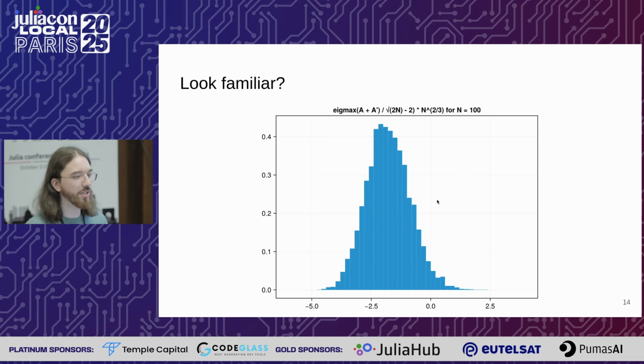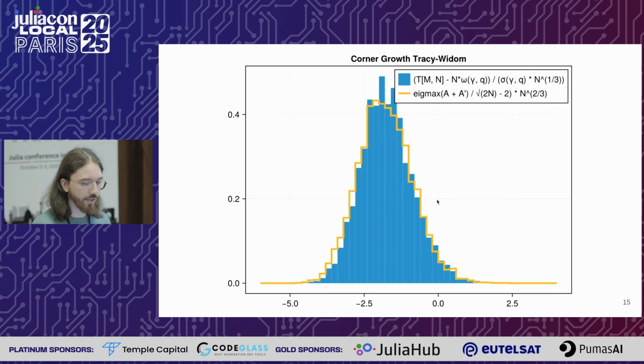And already we see that some of you might recognize it from previous slides. Namely, it lines up with the distribution of those deviations from corner growth. And I think that's really something fascinating. We looked at these completely different processes, and suddenly the same distribution appears.